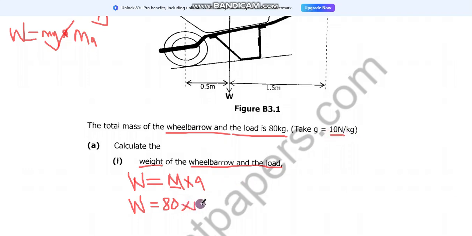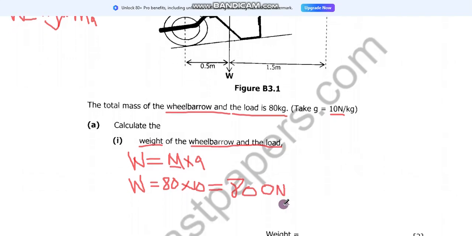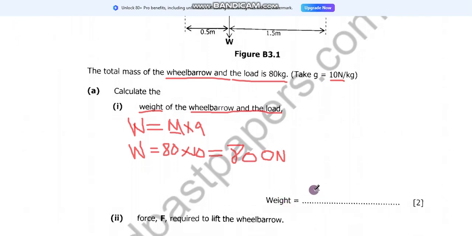So we have 10 here. Hence 80 times 10, you get 800. Since weight is calculated the same as force, that also means weight is measured in Newton. So 800 Newton was our answer. We write 800 Newton right here.